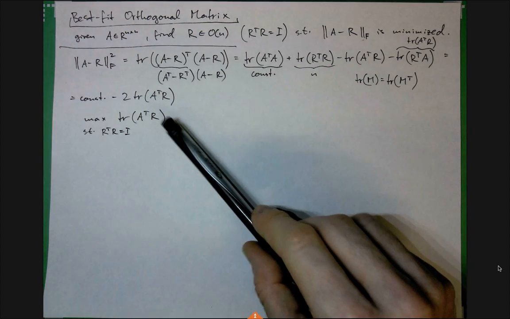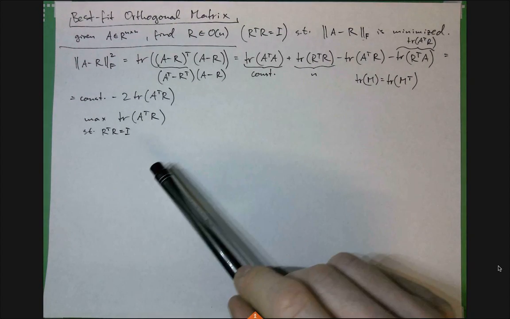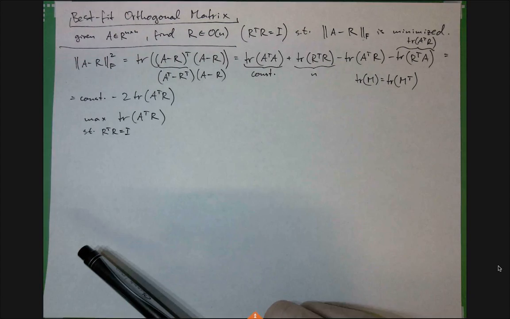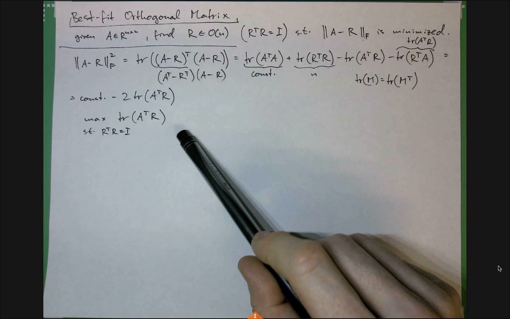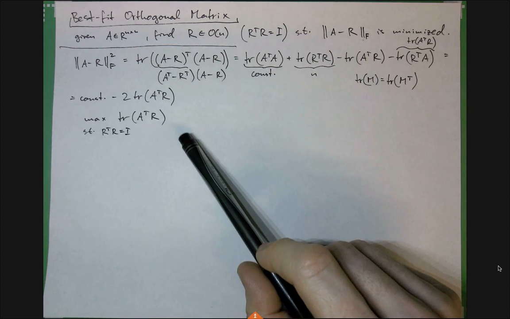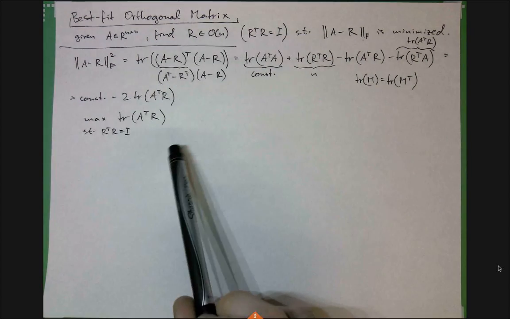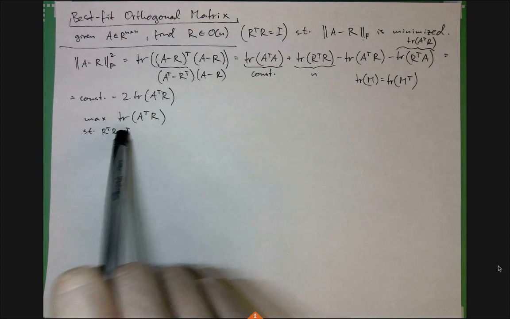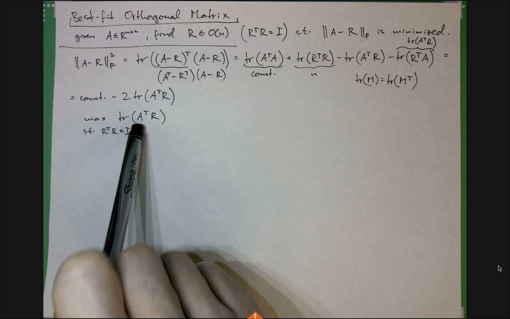Okay, so far it has a similar story as the first problem, but now the solution will be a little bit different. So we want to find an orthonormal matrix R which maximizes this trace for a given fixed matrix A.